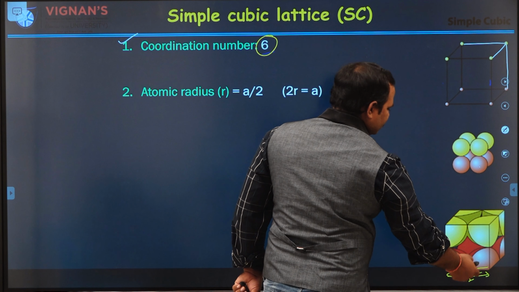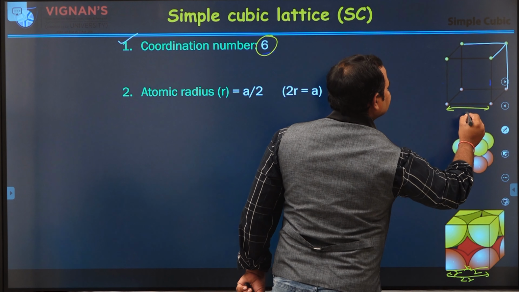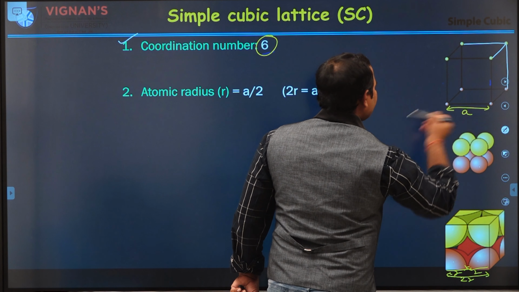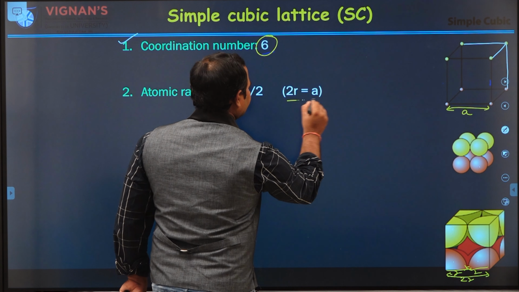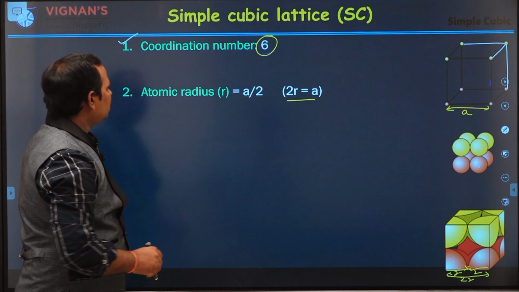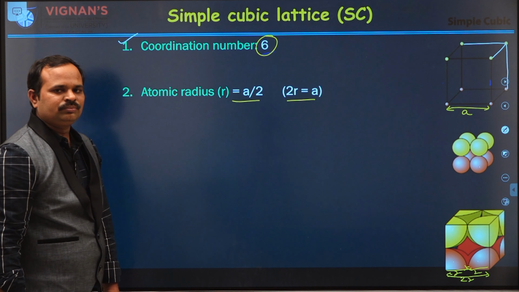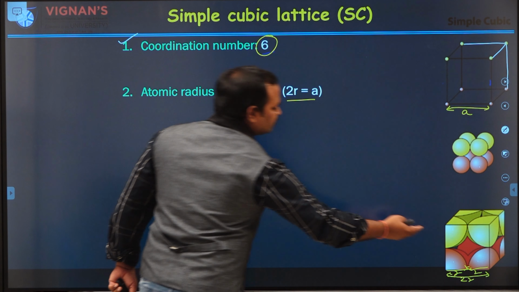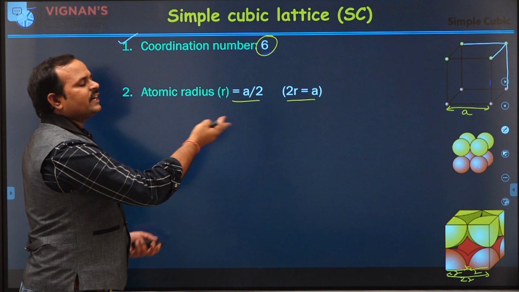And you know that the distance between the two atoms here is a, because this is a cubic and the lattice parameter is a. So a is equal to 2r. So the atomic radius r is equal to a by 2. In this way, we found the atomic radius in the simple cubic is equal to half of its lattice parameter.